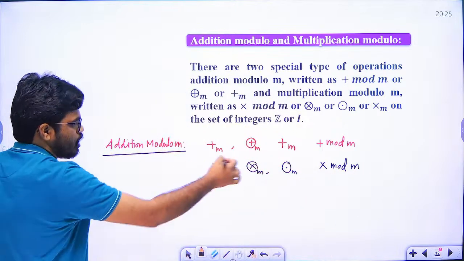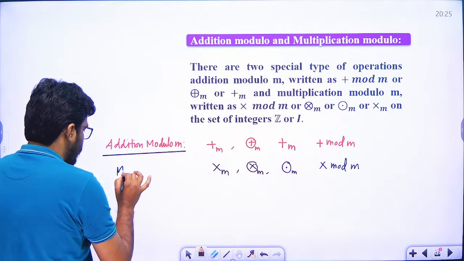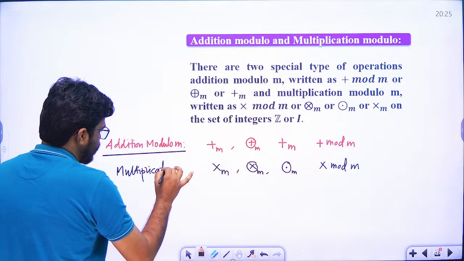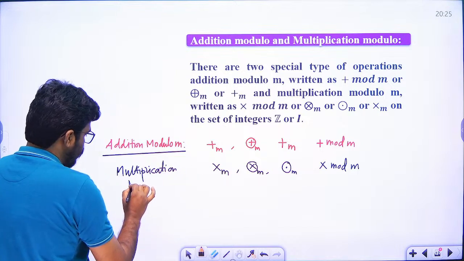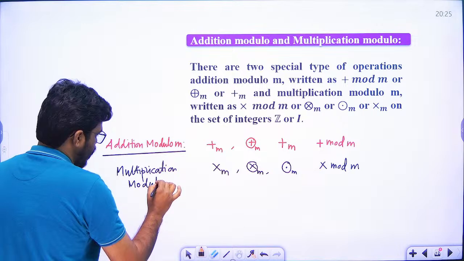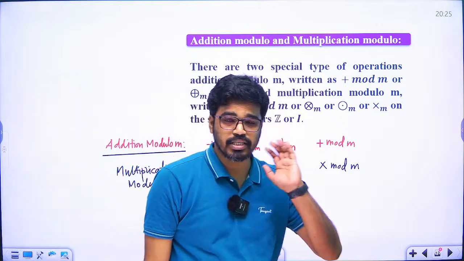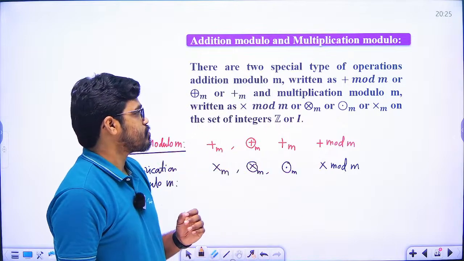So this is the notation for multiplication modulo m. Getting my point? So there are basically two types of operation.